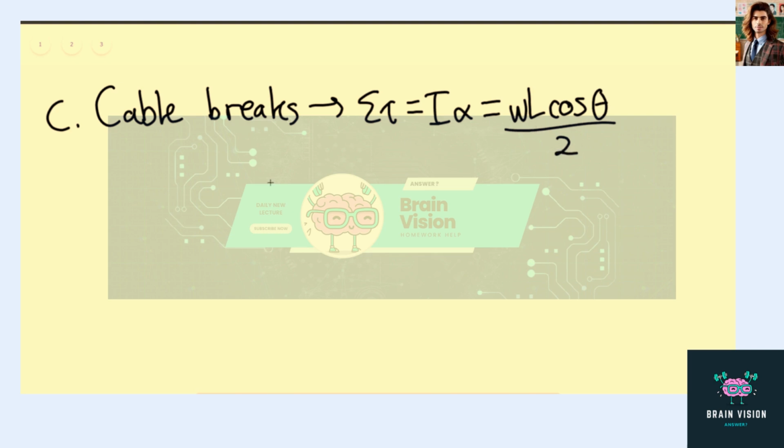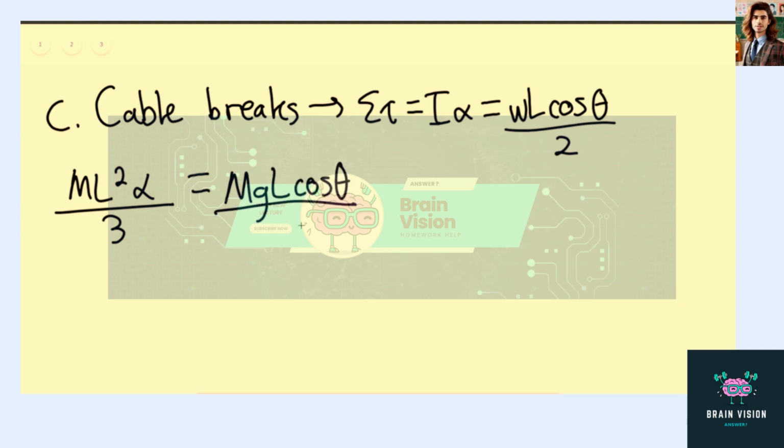So ML squared times alpha divided by 3, where ML squared divided by 3 is the moment of inertia about a rod rotating about one end, is equal to mg L cosine of theta divided by 2. Let's solve for alpha. The m's cancel out, and the angular acceleration is equal to 3g cosine of theta divided by 2 times the length.